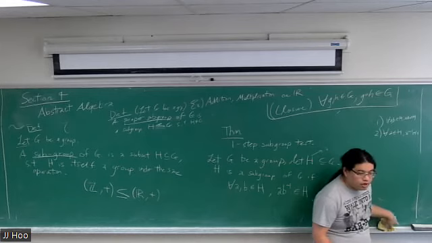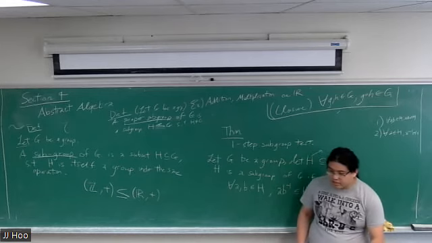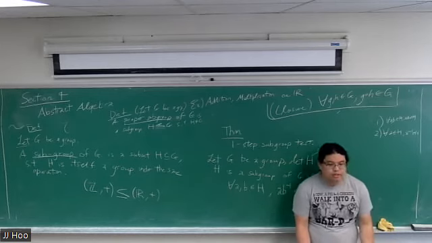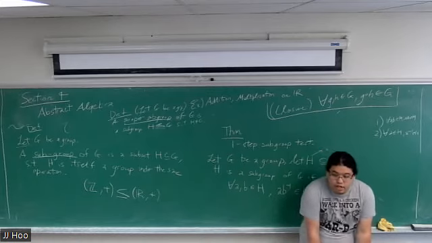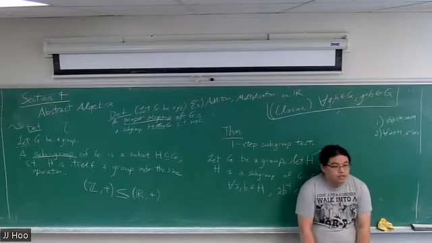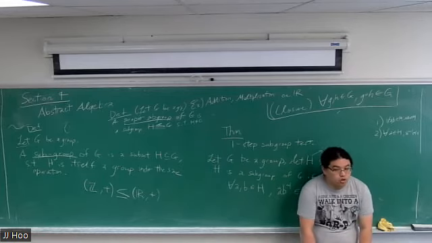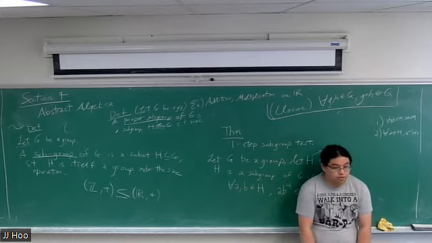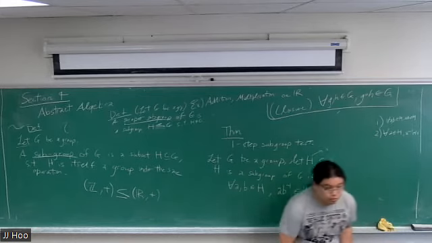So for example, consider this. Let G be the even numbers. We know that the even numbers form a group under addition. Now take the subset of all odd numbers. Does it form a group? Usually we talk about how odd numbers don't form a group, right?